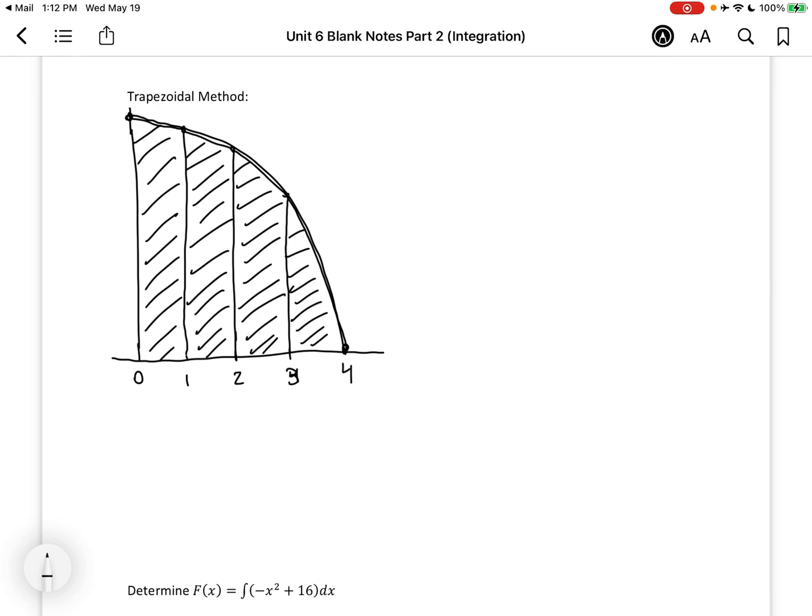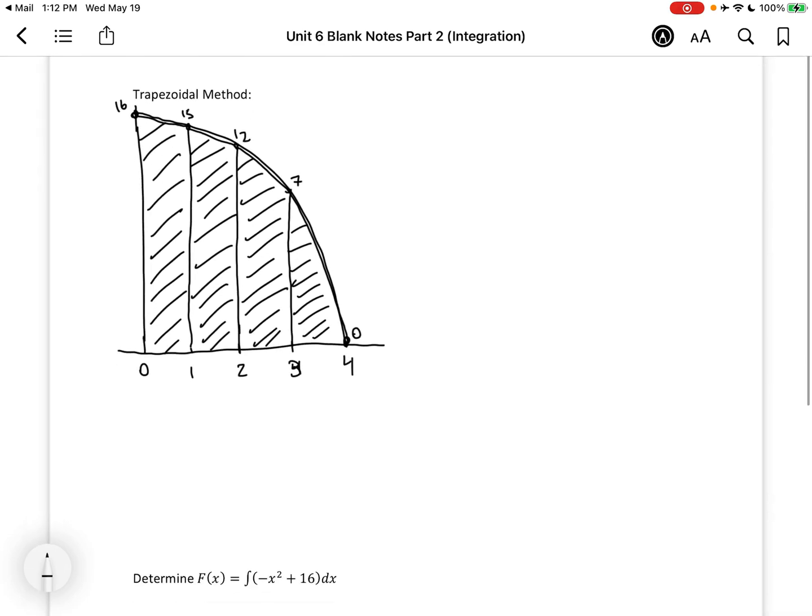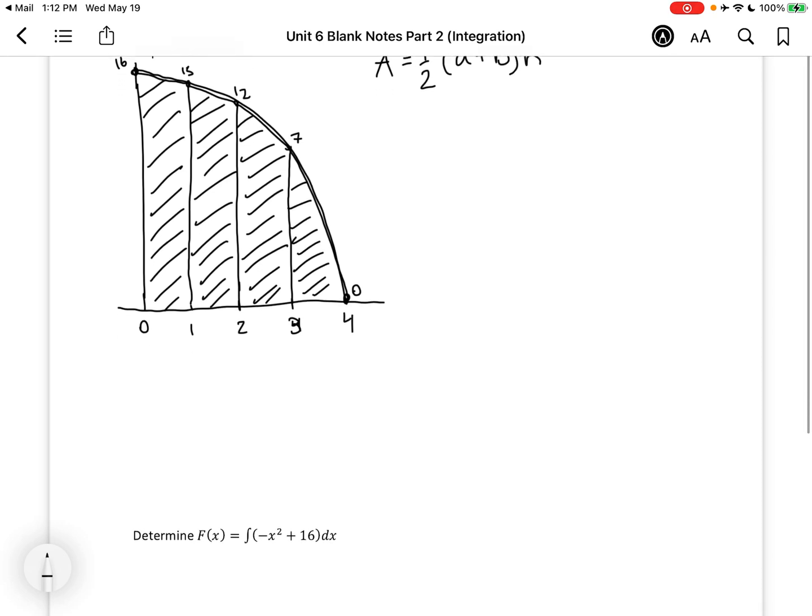Okay, so there we go. And this, of course, is 16, 15, 12, 7, and 0. And remember from before, we did this earlier, that the area of a trapezoid is 1/2 times (a plus b) times h. And because we're multiplying all of them by 1/2, I'm just going to bring the 1/2 to the outside.